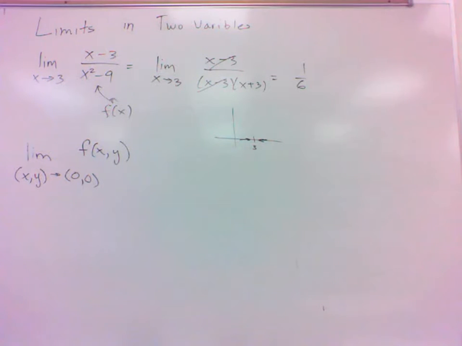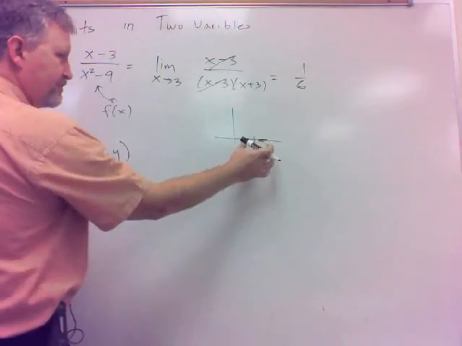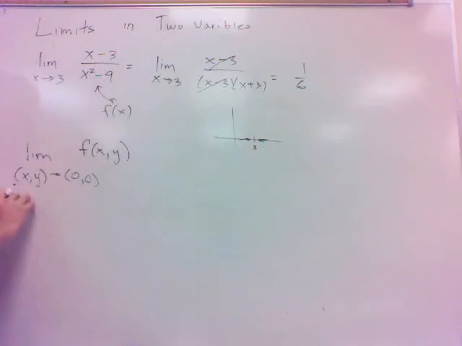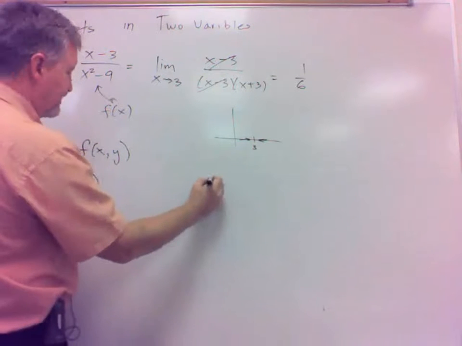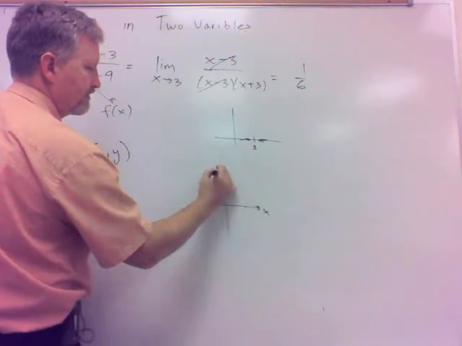It gets a little more complicated pretty quickly, as 3 dimensions typically do. But if we think about it now, instead of approaching one value, we're approaching a point, but it can approach from any direction of that point. Just think about your domain here, the x and the y values.